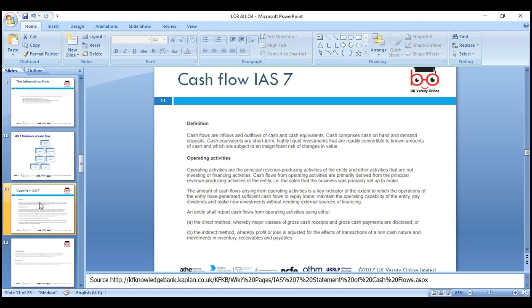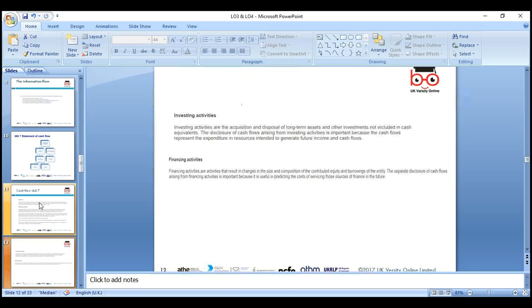All this is normally under the current assets, which means the most liquid assets, and how much change happened. So we can calculate the cash flow from the operating activities, or how much revenue we generate during the year and how much cash we receive. So all this comes under the operating activities.